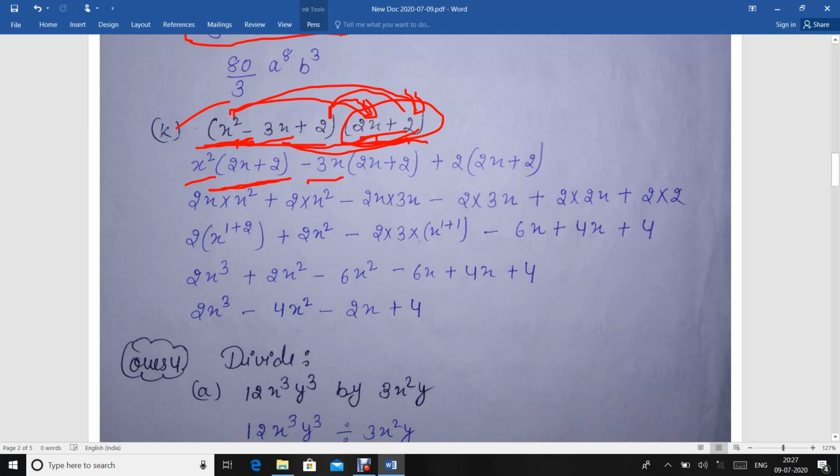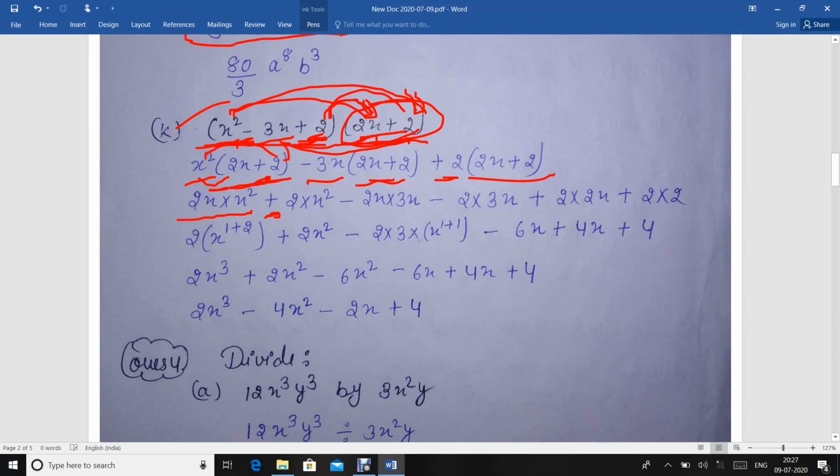So here minus 3x into bracket 2x plus 2. The next is plus 2, so here is plus 2 multiplied by bracket 2x plus 2. After that you will multiply x square by 2x. So here is 2x multiplied by x square. Here is the positive sign, so you will put the positive sign here.